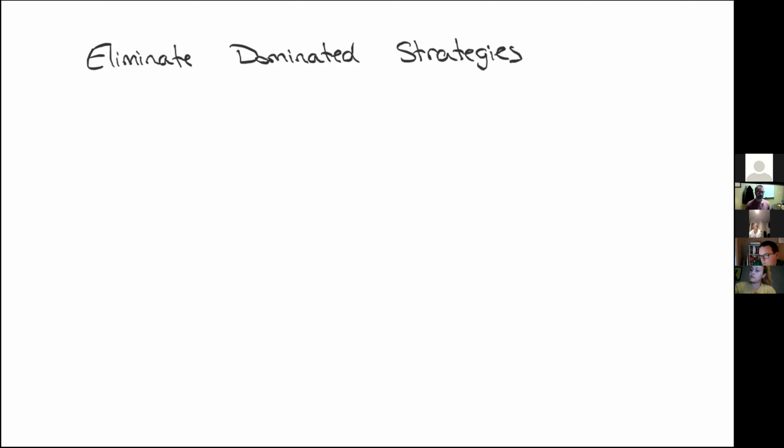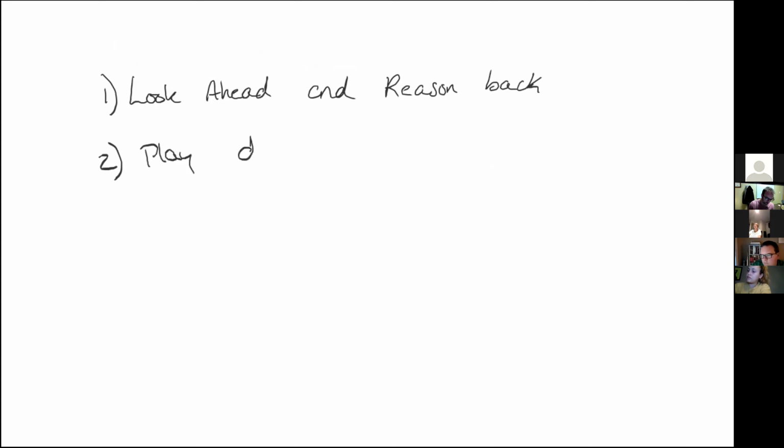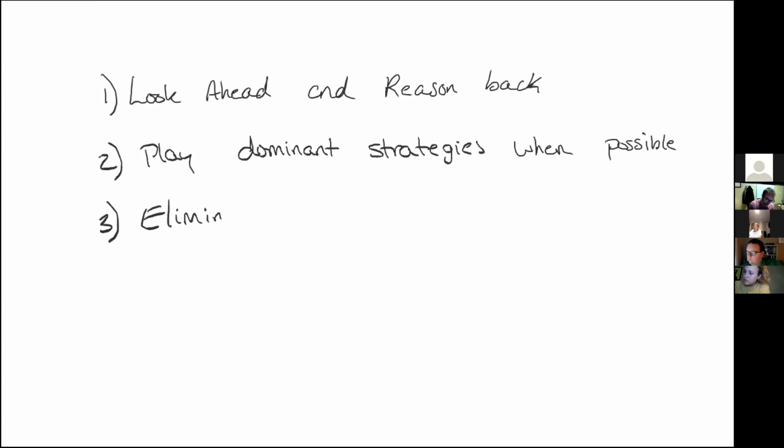So the 3 big lessons so far are basically: one, you want to look ahead and reason back. The second one is play dominant strategies when possible. And 3 is eliminate dominated strategies.